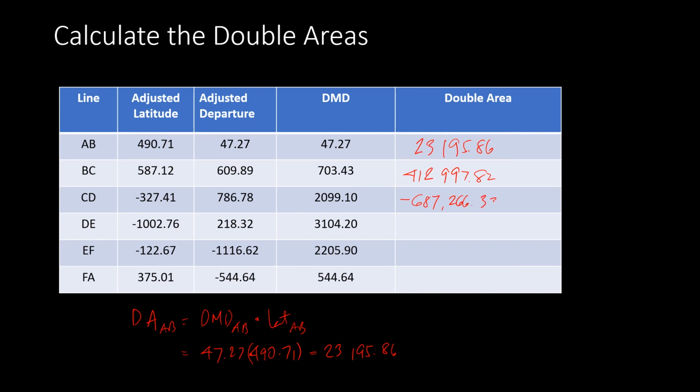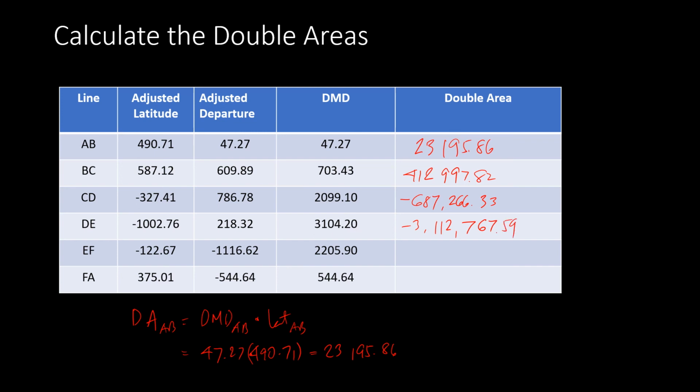Then for line DE, 3104.20 times negative 1002.76, that is negative 3,112,767.59.